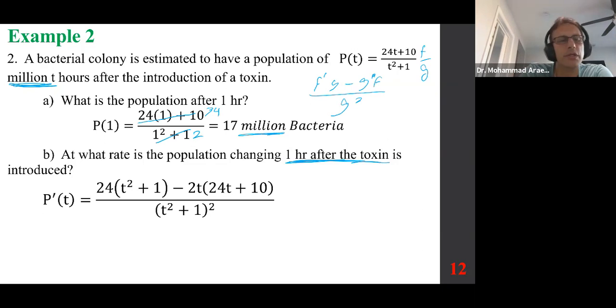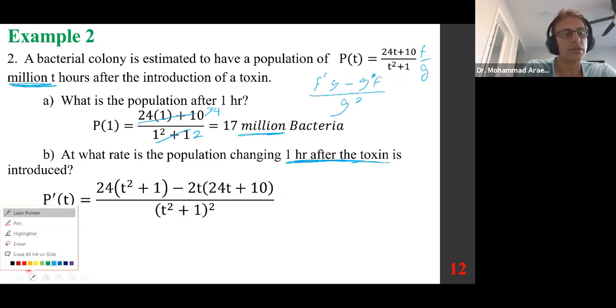So let's quickly recap. The top gives you 24 times the bottom, minus the bottom gives you 2t times the top, over the bottom squared. All we have to do is simplify the top. We are done with this as far as calculus is concerned.